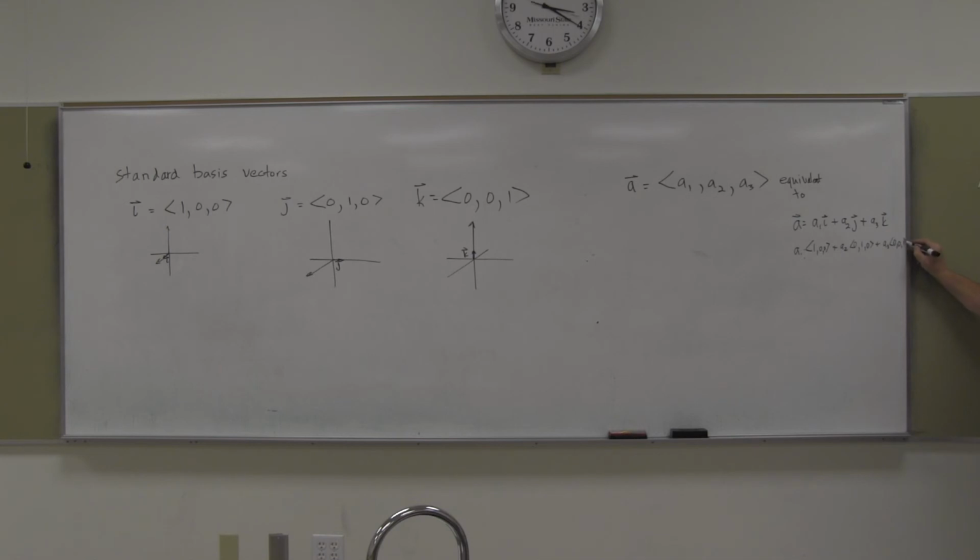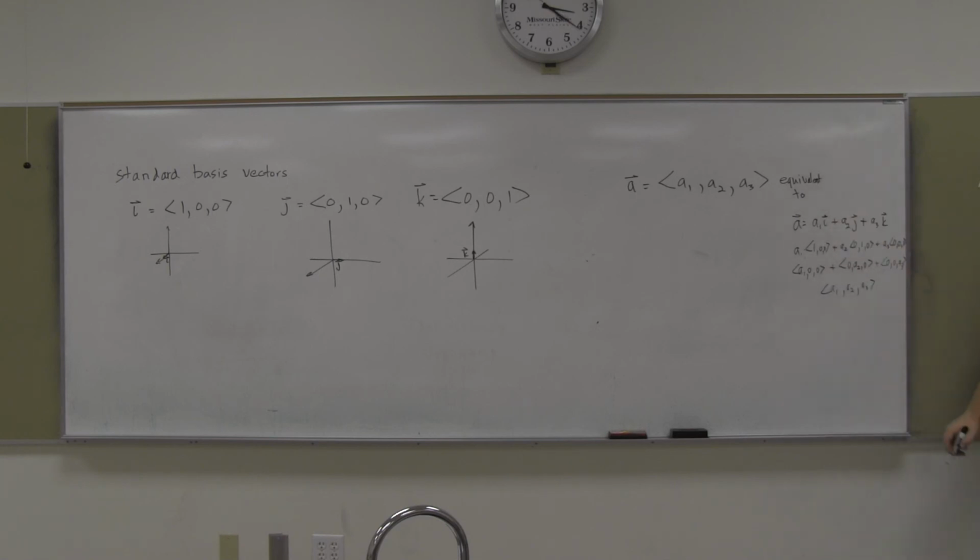If you perform the multiplication, you get A1, 0, 0, then 0, A2, 0, and 0, 0, A3. If we add those three together, A1 plus 0 plus 0 is A1. 0 plus A2 plus 0 is A2. And 0 plus 0 plus A3 is A3. Ta-da!